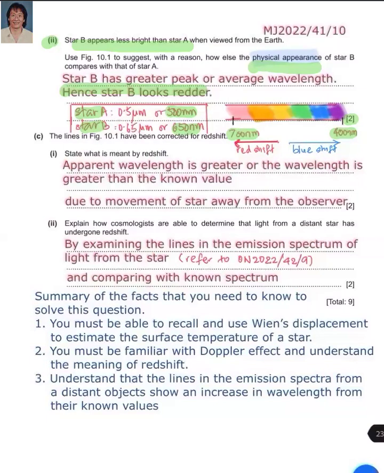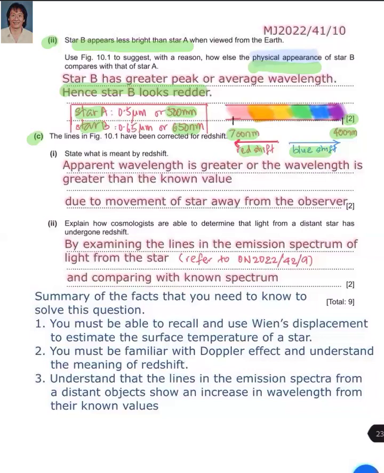Then part C, the lines in 10.1 have been corrected for redshift. You must understand what is redshift and blueshift. Redshift means the wavelength is larger than expected, and blueshift means the wavelength is smaller than expected. So then part 1, state what is meant by redshift.